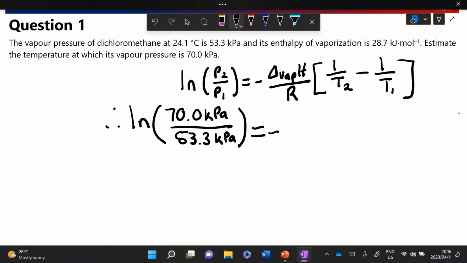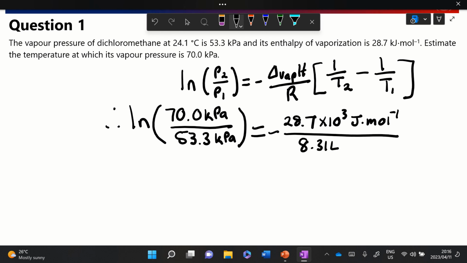is equal to minus 28.7. This just has to be joule per mole, so of course we multiply by 10 to the power 3 joule per mole, divided by 8.3145 joule per Kelvin per mole.